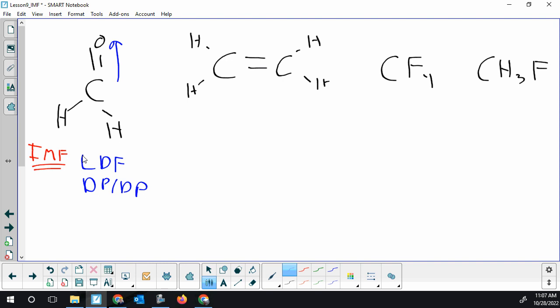Our second example is C and H only. Any hydrocarbon that's C and H only, all the bonds will cancel out. Okay. I'm not going to prove this. I never prove it. As it gets bigger, it gets harder and harder to prove. You need to know C and H only is LDF only, London dispersion forces.